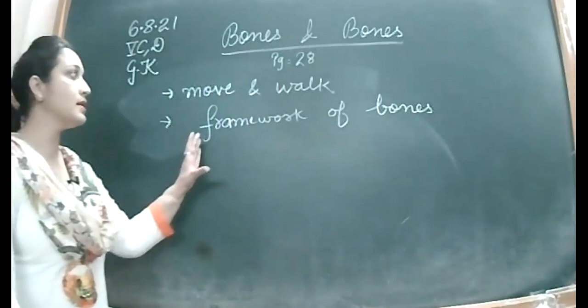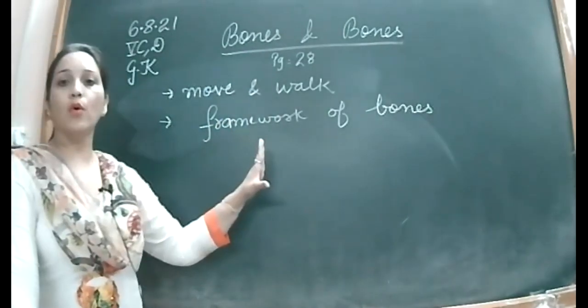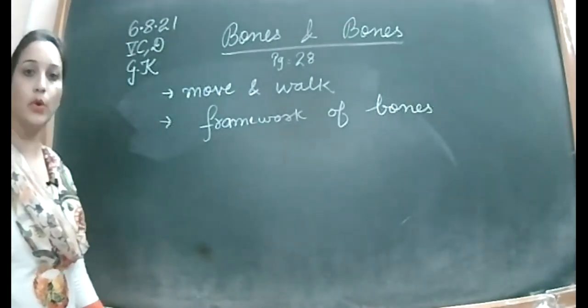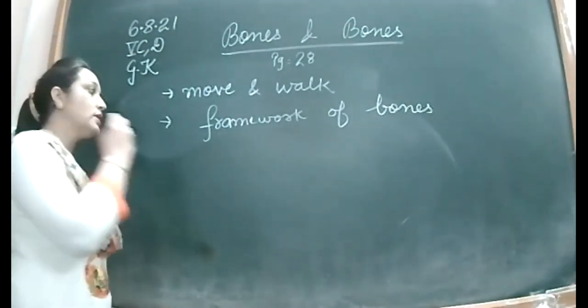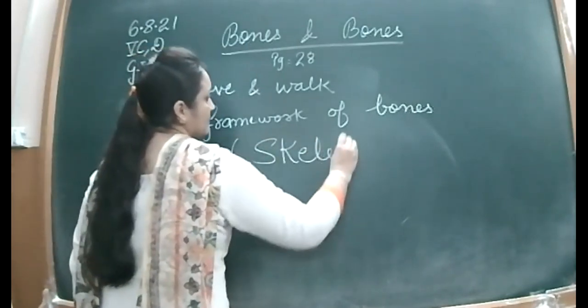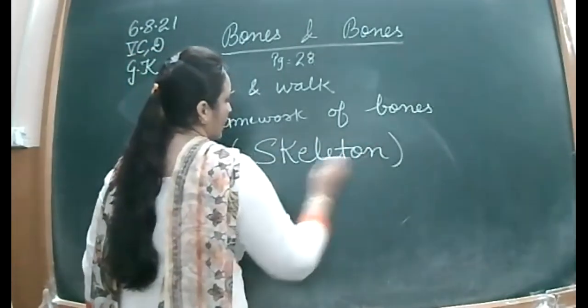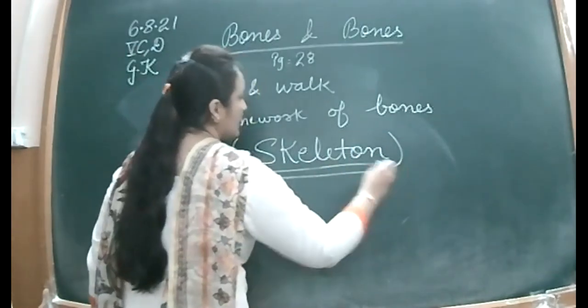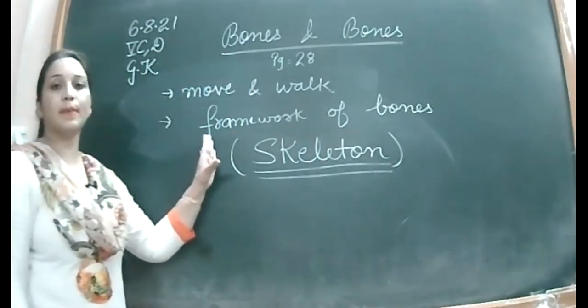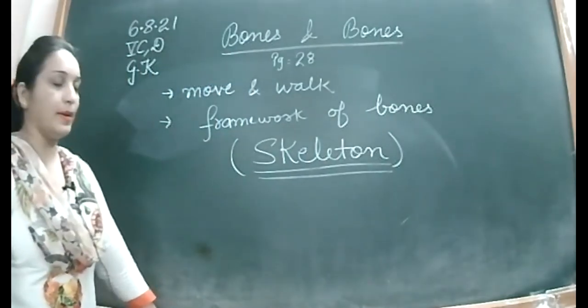In everybody, there is a framework of bone, and what is this framework of bone called? Do you know this thing? I think you should know this word. This word is skeleton. Skeleton is basically a framework of bones, and this framework of bone is present in every body.